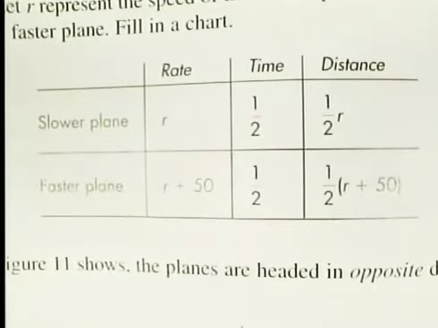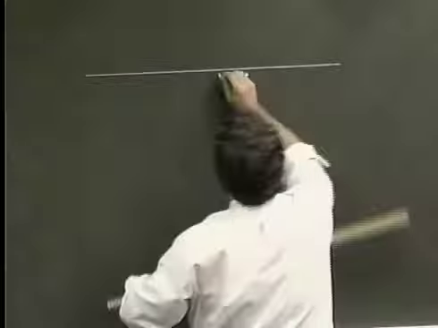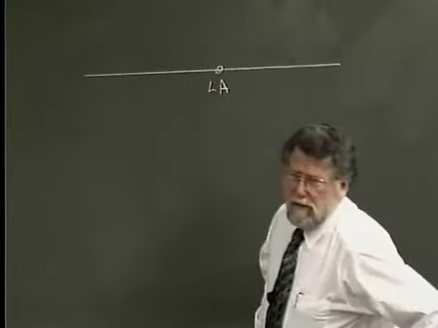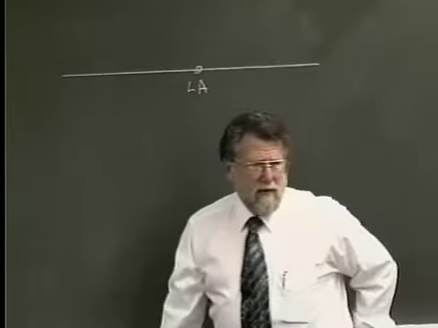I'm going to go to the side panel and use a straight edge to represent something about how the planes are separating. So for the sake of argument, we're going to put LA as a dot, with no disrespect to our friends in the South.